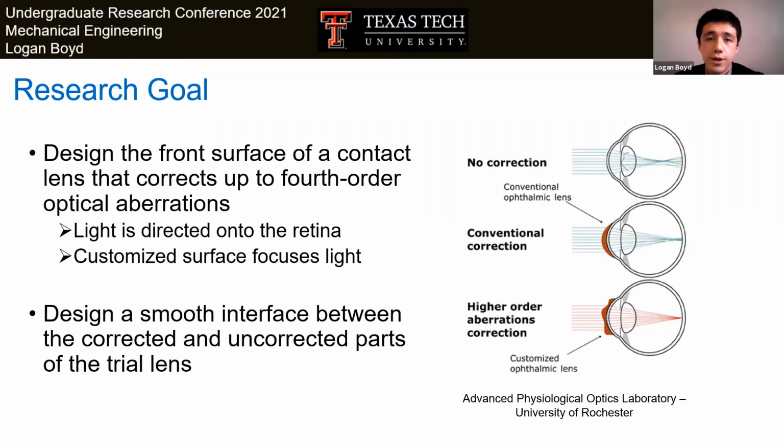But for others, the higher order aberrations are significant enough that they cannot see unless you address them. So the first step is to design the correction. Once we've done that, the second step is to meld that correction into the rest of the patient's trial lens so that we have a nice smooth surface that is safe and usable for the wearer.